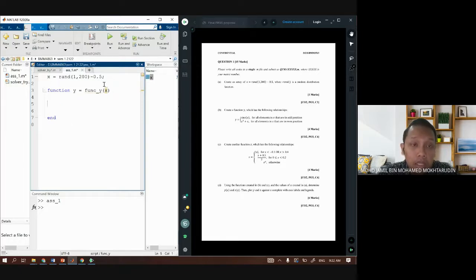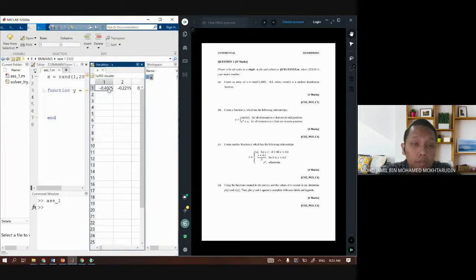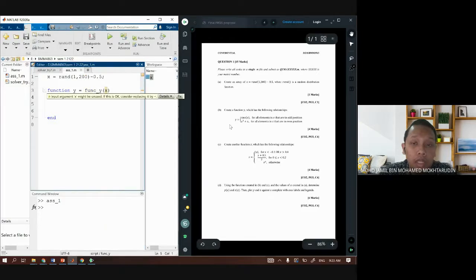Bila kita hantar x, dia akan kira x, let's say value x yang pertama, let's say 0.4025 for example. So dia akan ambil value tu and then dia kira sama ada sin x ataupun x squared plus x.